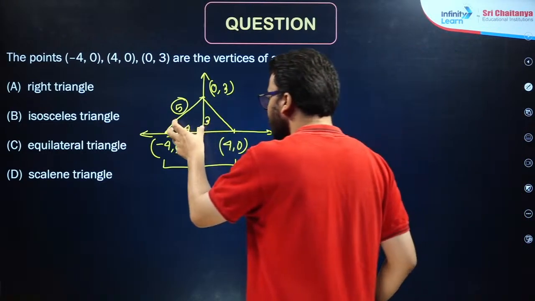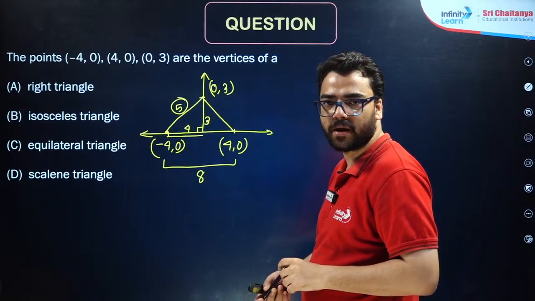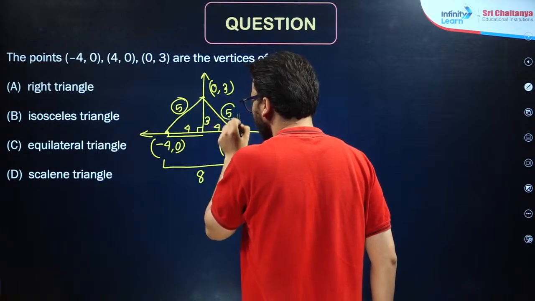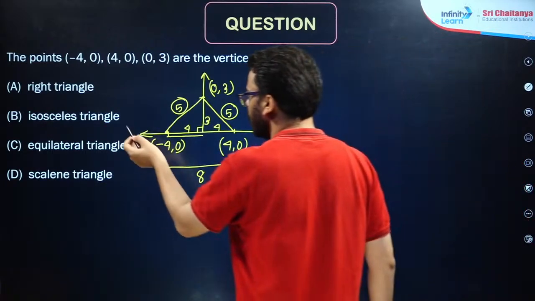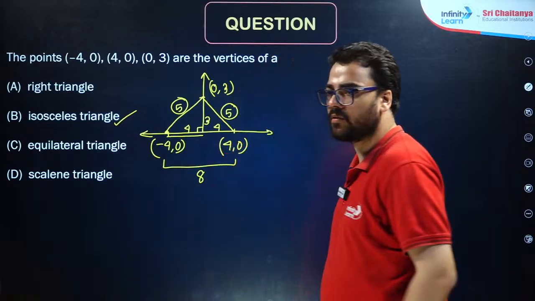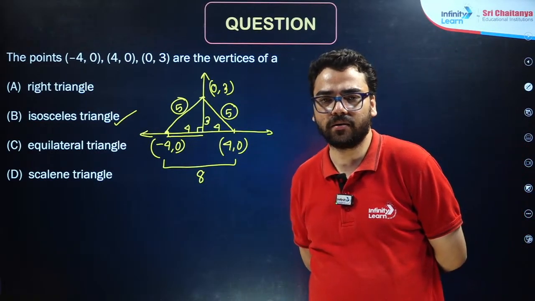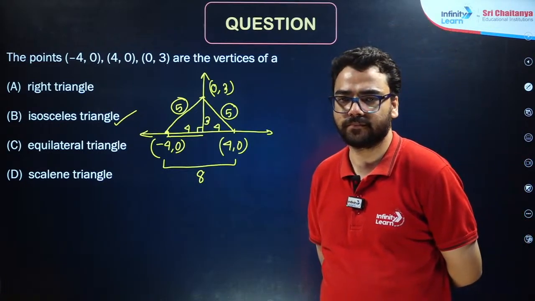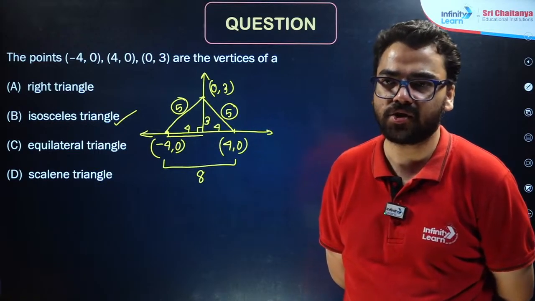If the legs of a right angle triangle are 4 and 3, then the hypotenuse will be 5 only. Similarly, this is 4 units and this is 3 units. So this will be 5 only, right? So you see, this is an isosceles triangle. This is not any other type of triangle. Is it clear? So you don't need to use the distance formula in this question. I hope it is clear to every student in this session.